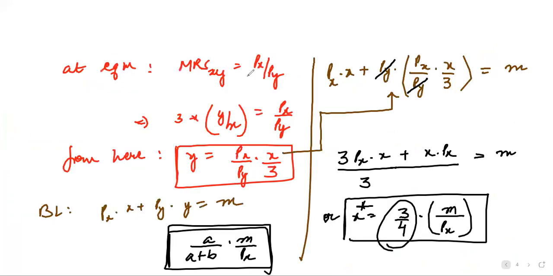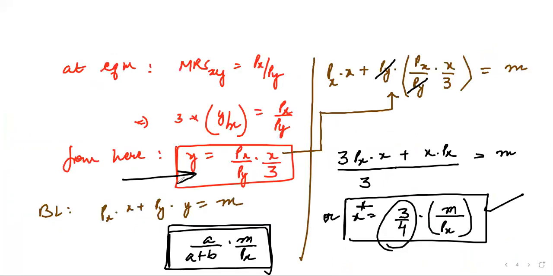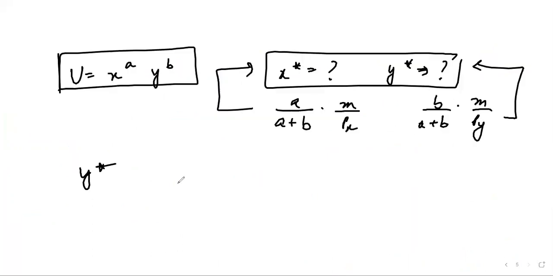Now, I have derived my x star. I'm going to derive y star. So for y star, I'm going to put it back in this equation. And my equation is px by py into x by 3. So this will be px by py. What is my x?